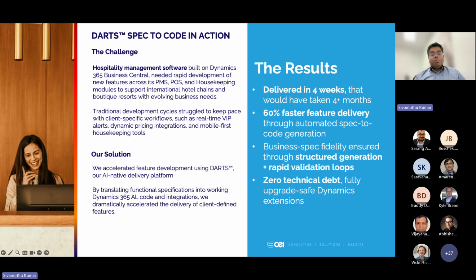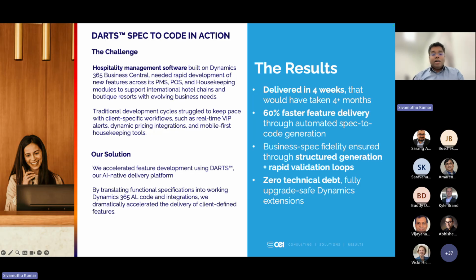When we put together our spec-to-code agent, it took their functional specs and turned them directly into Dynamics AL code, extensions, and integrations. That way, it kept everything upgrade safe and aligned with the Microsoft Business Central patterns. The result: around 4 months' worth of work was delivered in 4 weeks, and feature delivery was about 60% faster.